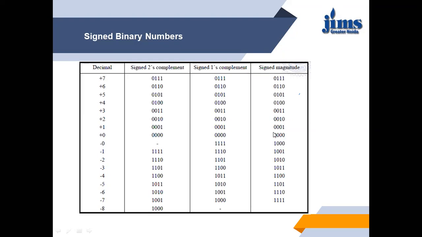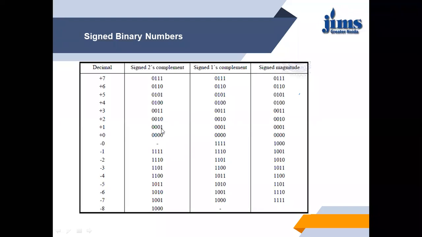So the leftmost bit is 0. Now when we have to represent -0, the magnitude is the same, and we put the leftmost bit as 1. So 1000 is -0, 1001 is -1, and so on up to -7. Here you can see that for +0 to +7, the ones and twos complement are the same.